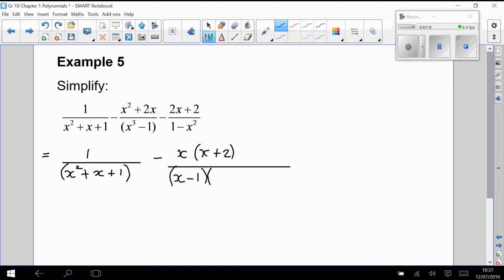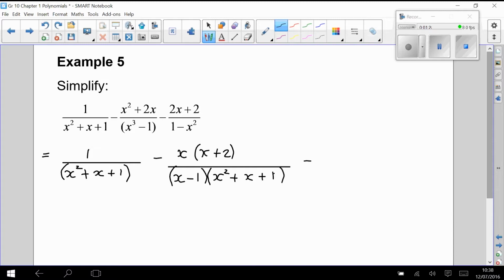Then for your second bracket, you look at the first bracket, the linear bracket. You square the first term, x squared. Change the sign. Find the product of x and 1, which is x. Your last term is always a plus, and square the last term, and 1 times 1 is 1.